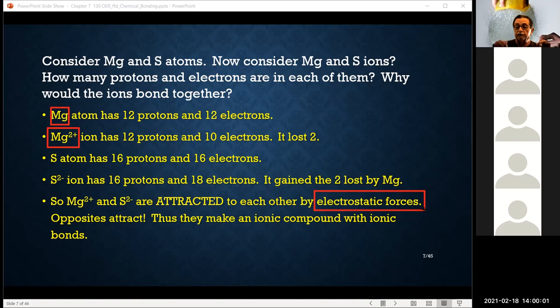This is totally different from covalent compounds, where there are no full charges involved. We're going to be talking about partial charges later on, but not a full charge like we find with ionic compounds.